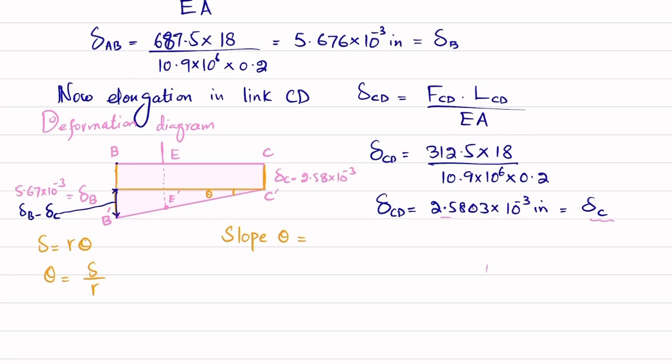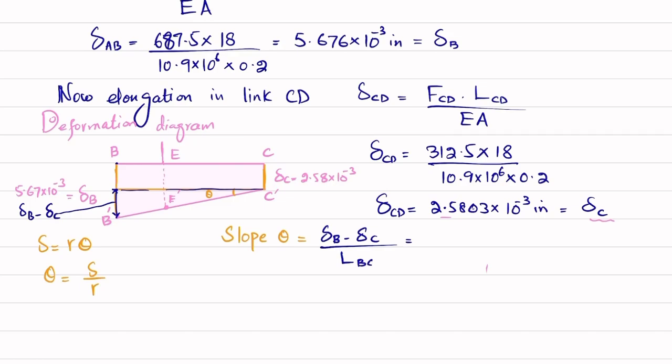And what is R? R is this one, which is the total length, LBC. So I will write it as del B minus del C divided by LBC.